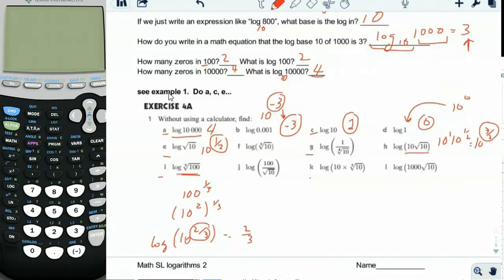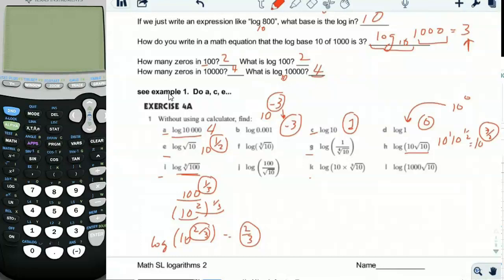And then this one here, when you have log of the cube root of 100, you would have 100 to the 1/3. And then 100 is 10 squared, to the 1/3. And then if you multiply those together, because there's an exponent to an exponent, it's 10 to the 2/3. So the log of 10 to the 2/3 is 2/3. Okay.